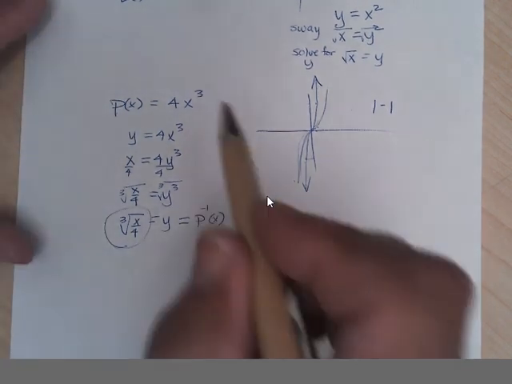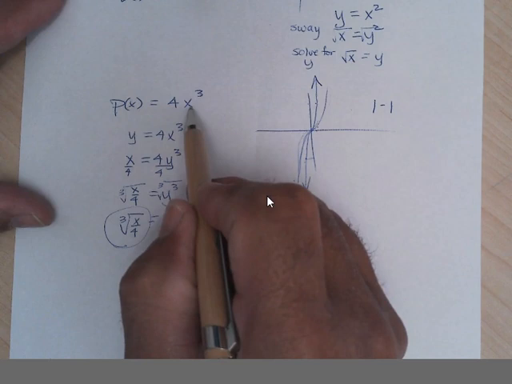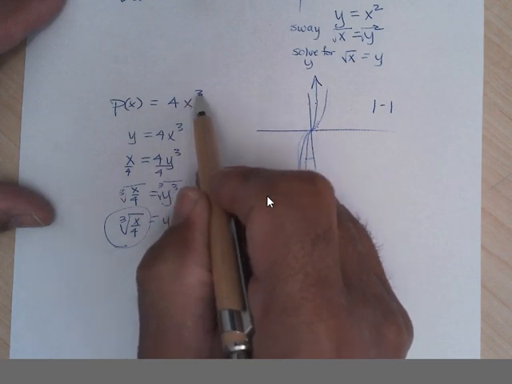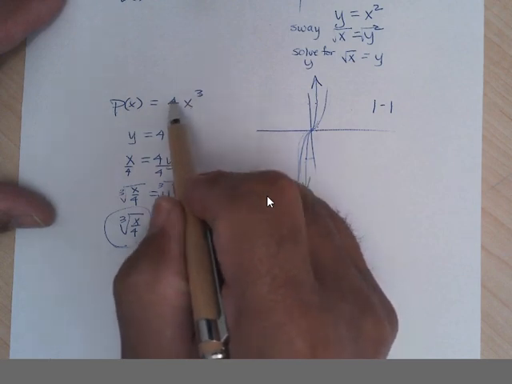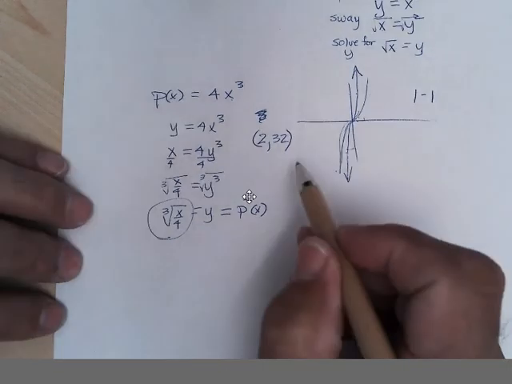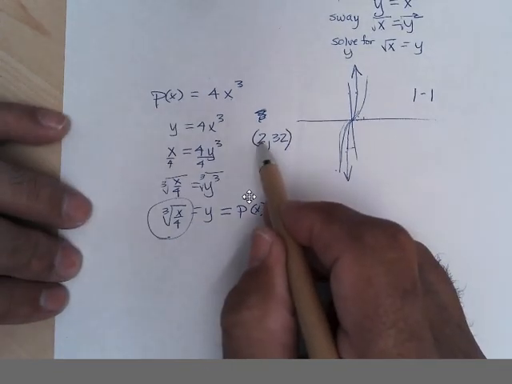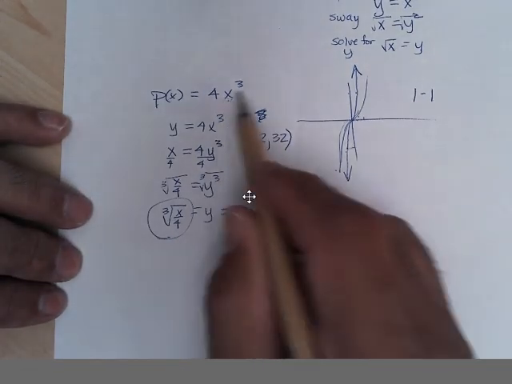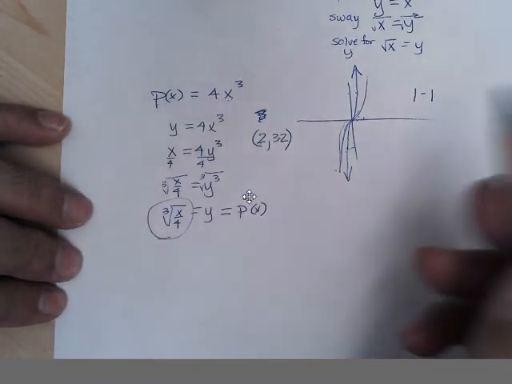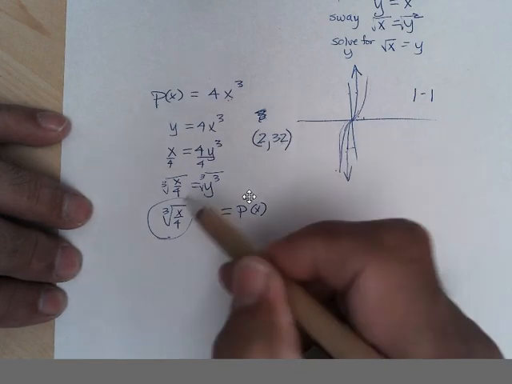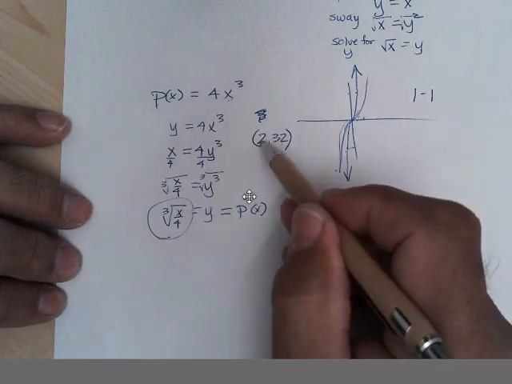Let's check. If I put 2 in here, 2 to the third is 8, times 4 is 32. If I put 2 in here, I get 32. So in the inverse, I should be able to put 32 and get 2.